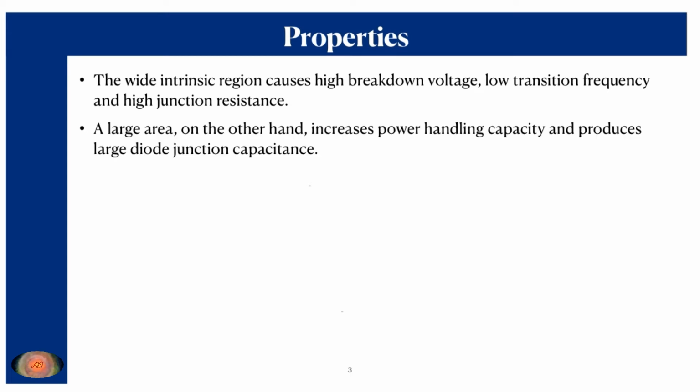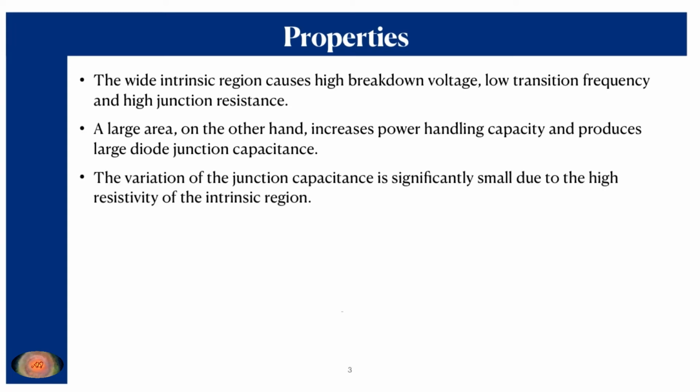Another advantage of the wider intrinsic region is that the area covered by the intrinsic region is obviously larger, and that increases the power handling capacity, and also it produces large diode junction capacitance. Although the junction capacitance is very large, the variation of the capacitance is negligible because of the highly resistive intrinsic region.